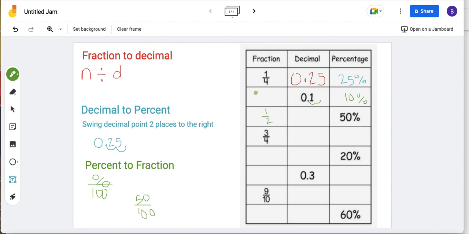So 10 divided by 10 is 1, and 100 divided by 10 is 10. So it's 1/10. Again, there are other strategies that we could use as well. If we look at the decimal point, the 1 is in the tenths place value, so that tells us 1/10. It's a strategy that we were using last week.